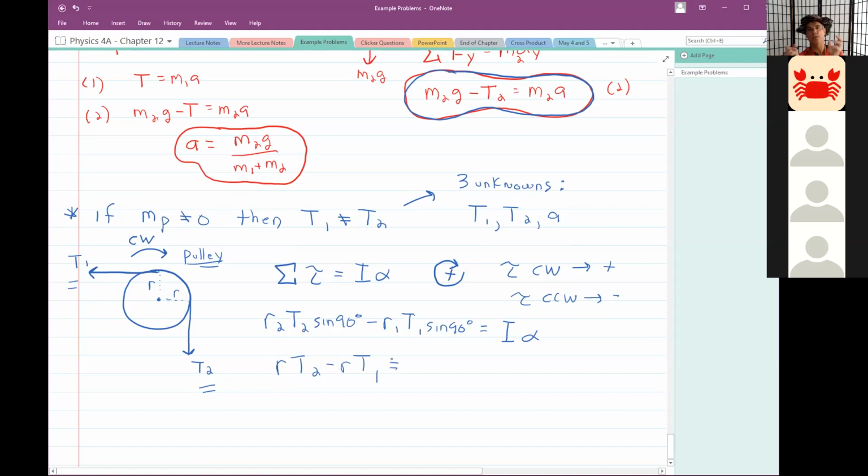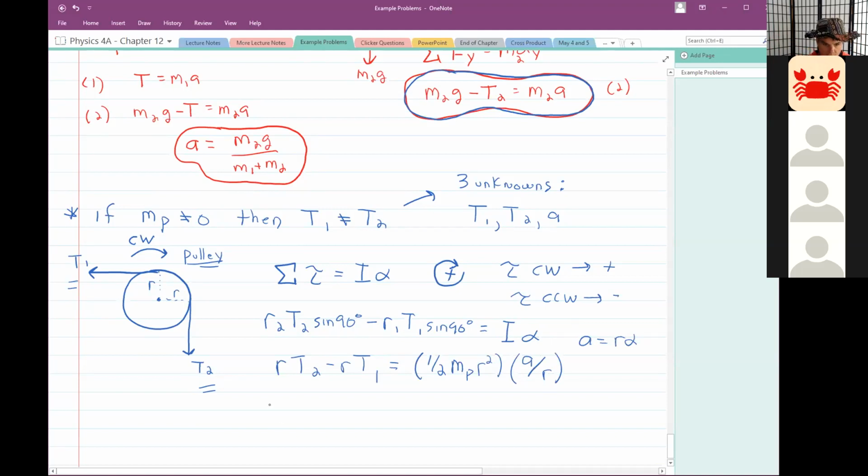Now, here's what you do with all of these sum of the torques equals I alpha problems. You replace I with whatever equation is appropriate for the object. In this case, we're treating the pulley like a disk. The moment of inertia of a disk is 1/2 m r squared, so this is the mass of the pulley times r squared. And the angular acceleration is related to the linear acceleration by a equals r alpha, so I'm going to replace alpha with a over r.